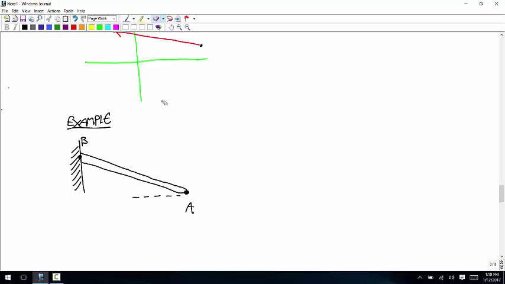That's supposed to be horizontal. And the length of this is 0.5 meter.